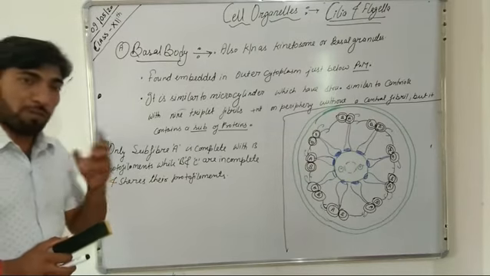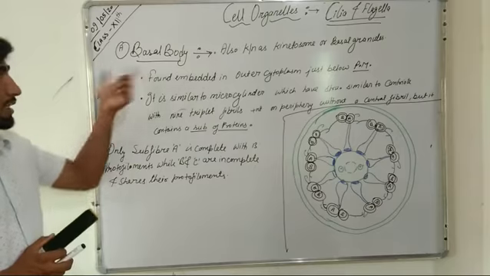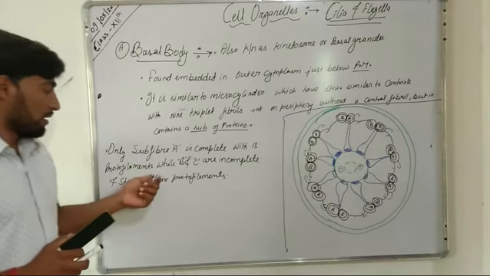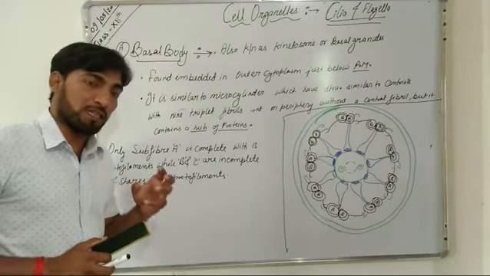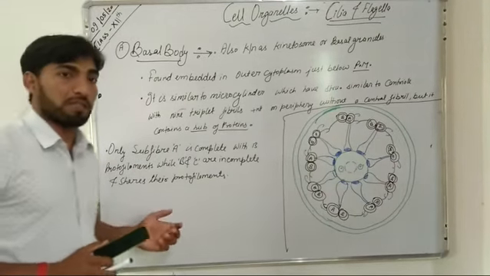Only the subfiber A is complete with 13 protofilaments, and the subfibers B and C are incomplete and share their protofilaments with each other.